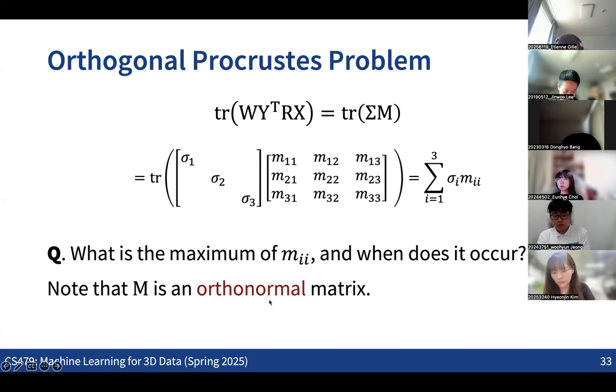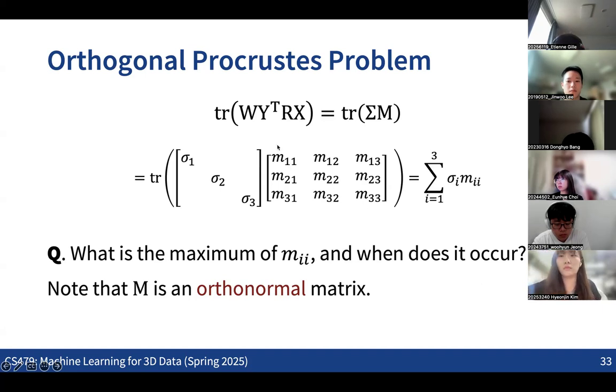So any of the elements here should be in the range from -1 to +1, because if a number becomes greater than +1 or smaller than -1, then the norm of each column and row will not be 1, right? So any value here cannot exceed the range from -1 to +1, which means that the maximum value for the diagonal term here is 1.